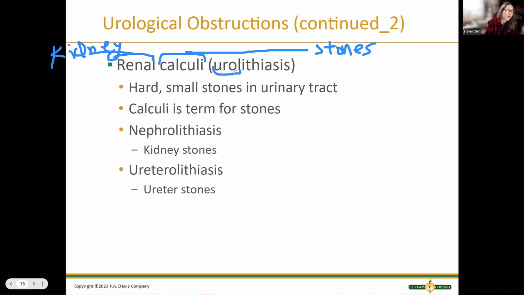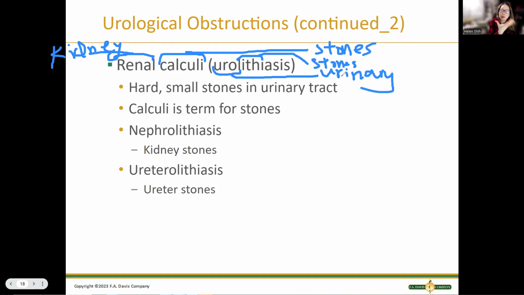Urolithiasis is a more broad, all-encompassing term. Uro obviously means urinary system. Lith, L-I-T-H, is the Latin root term for stone. And then iasis is a state of. So urolithiasis is a more broad term for kidney stone.